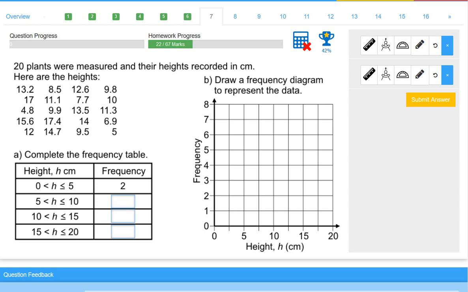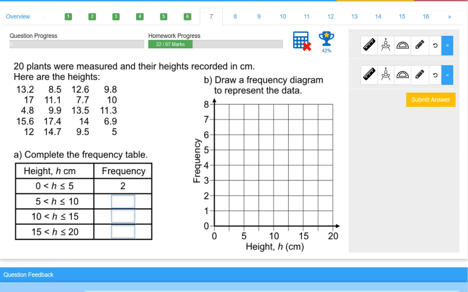And 10 is important because row 2 says between where the height is greater than 5 and less than or equal to 10, and row 3 says greater than 10 and less than or equal to 15. So which row is my 10 going to appear in? Well, it's going to appear in the second row because that's less than or equal to, whereas the third row would be greater than 10, so 10 can't appear there.